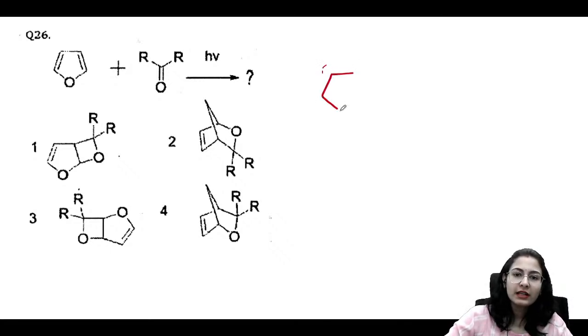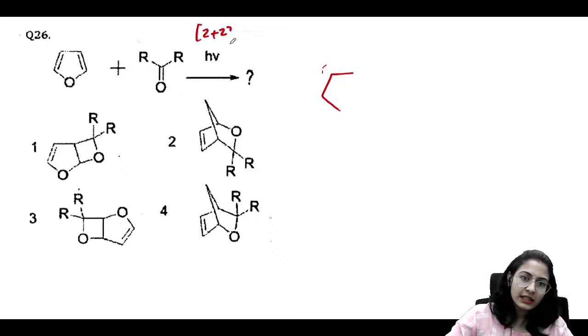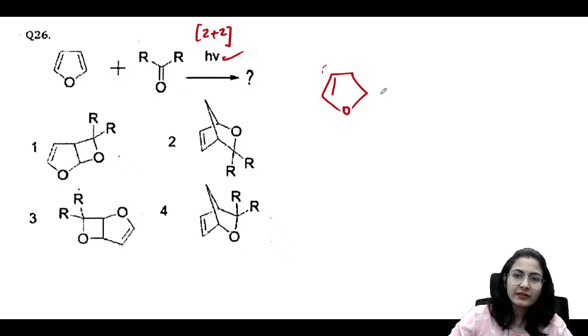So, in a 2 plus 2 cycloaddition, we know कि ये 2 plus 2 ही होने वाला है. This is not a Diels-Alder reaction because there is light. So, when we are considering light, we can also consider the contribution of radicals.